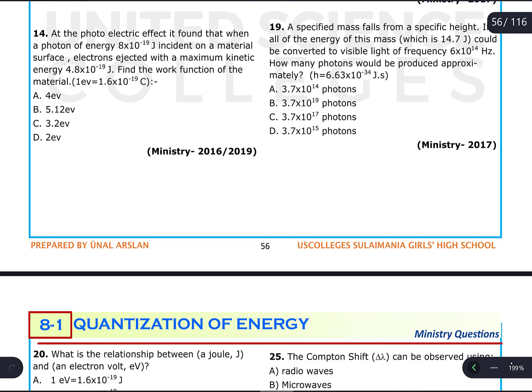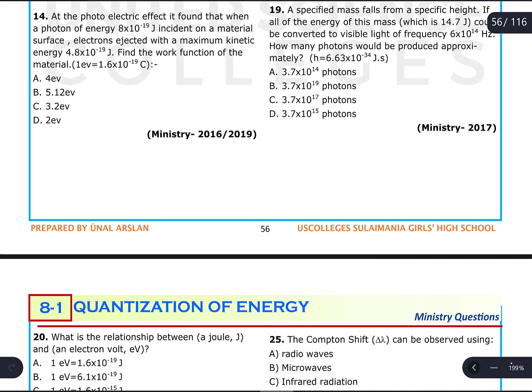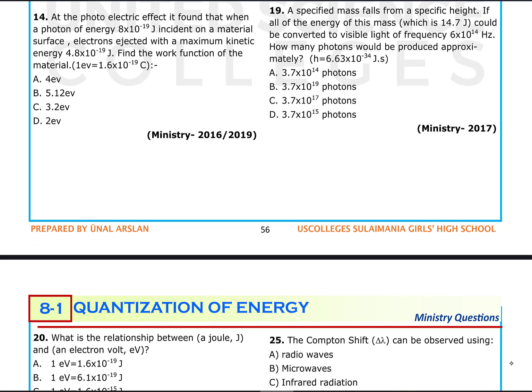Question number 14. In the photoelectric effect, it's found that when a photon of 8 times 10 to the power of negative 19 joule is incident on a metal surface, electrons are ejected with a maximum kinetic energy of 4.8 times 10 to the power of negative 19 joule. Find the work function of the material.